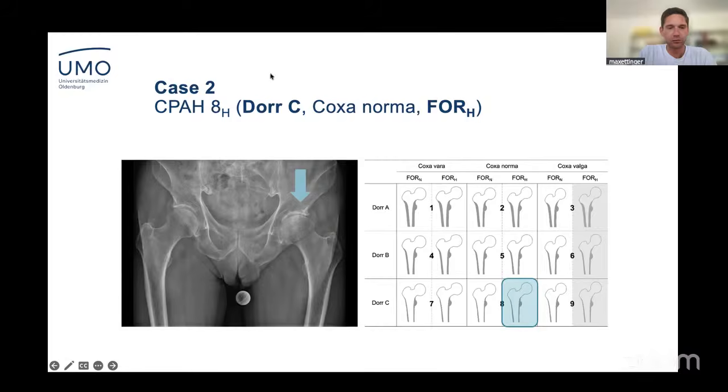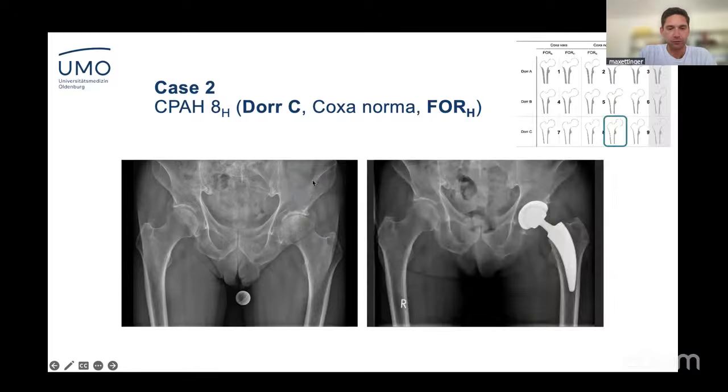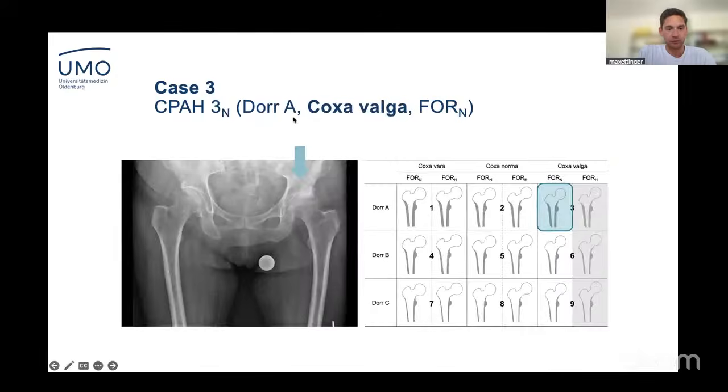Not so easy to reconstruct, but with this stem and the ability of the surgeon to play around with the neck cuts, leaving a little bit more neck and making the stem go calcar guided into the canal, you are able to reconstruct the anatomy here one to one.